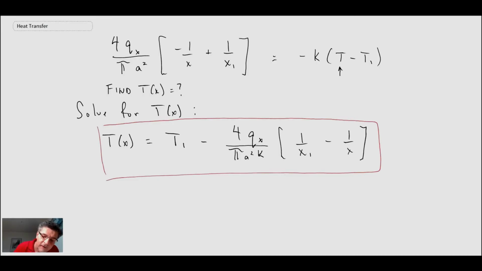However, if you notice in this equation we have the Q of x, and we still don't know what that is. So we need to solve for Q of x, and how are we going to get that? Well, we're going to use the boundary conditions, and we've already used T at x1. We do know T at x2, and that is T2, so let's go ahead and do that in order to find what Q is.